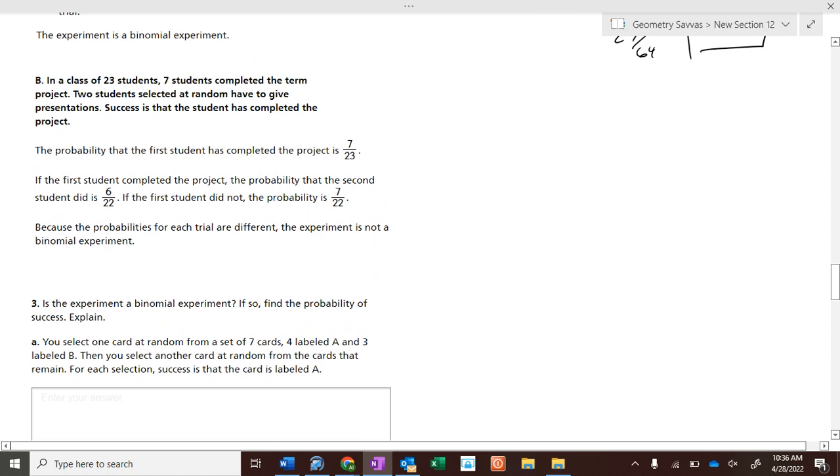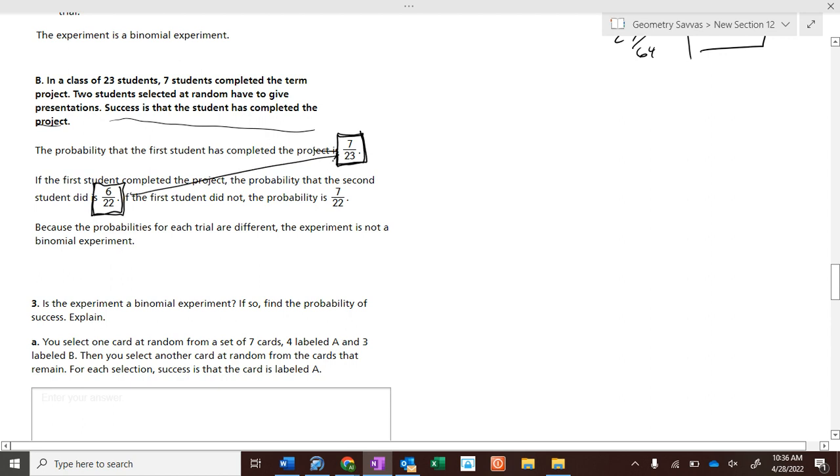Okay? In a class of 23 students, 7 students are given a project. 2 students are selected at random to give presentations. Success is a student has completed the project. Okay? So when the first student goes, the probability of them getting chosen to go is 7 out of 23. When the second student goes, it's 6 out of 22.